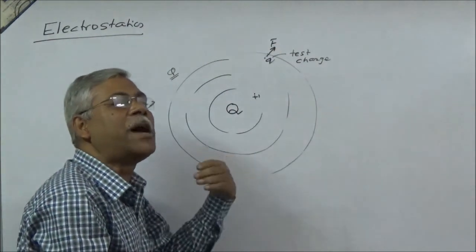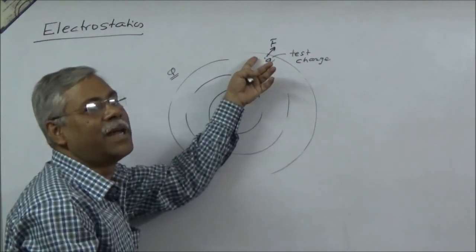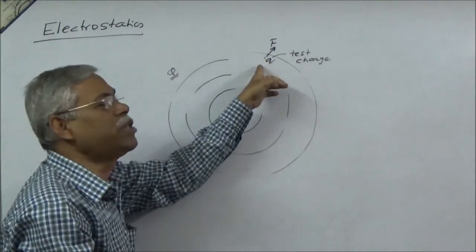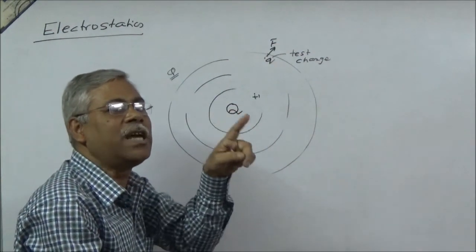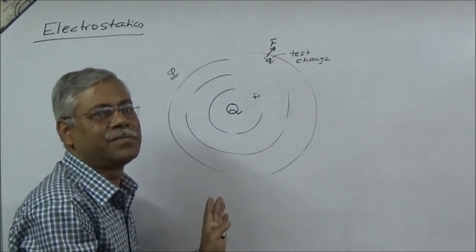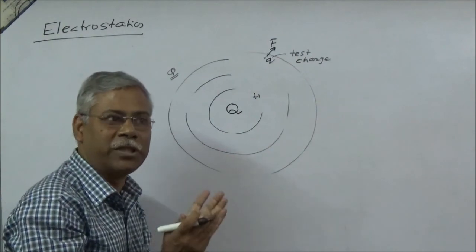Then we apply the unitary method to get the intensity. In the simple unitary method, on Q charge the force is F, so on one charge the force is F by Q. By definition, that is the intensity: the force on unit positive charge.